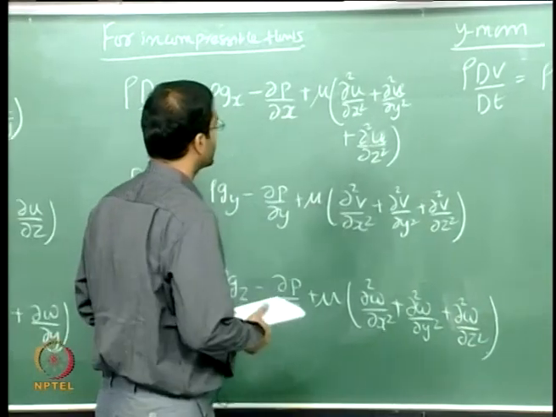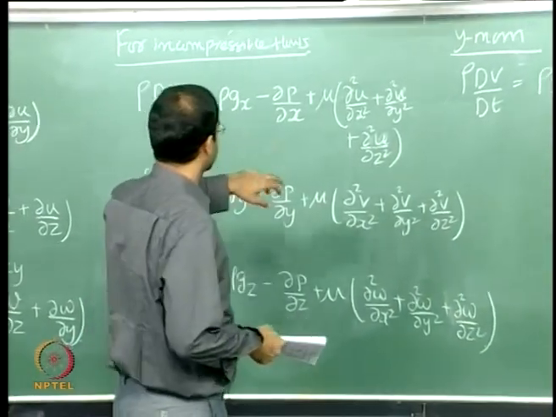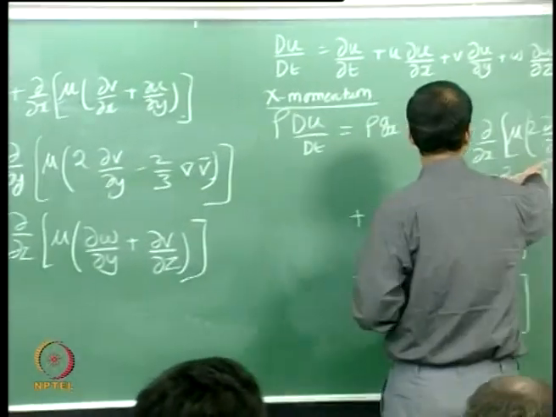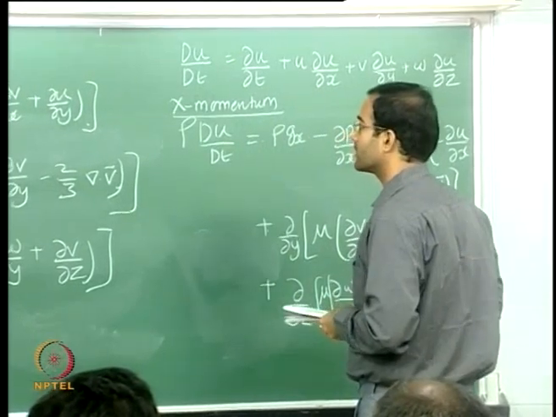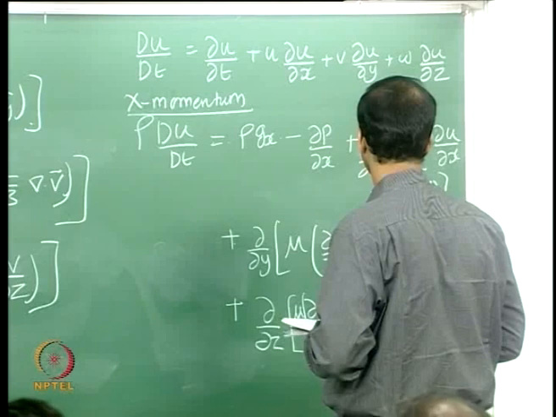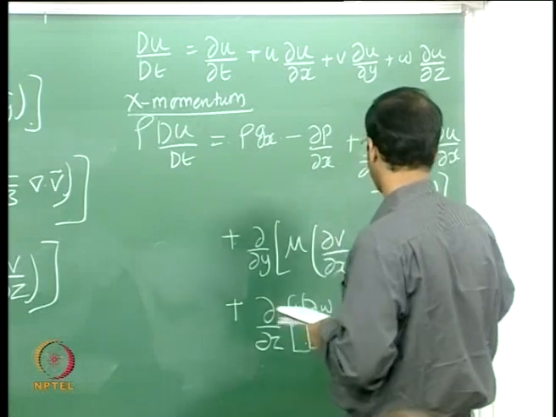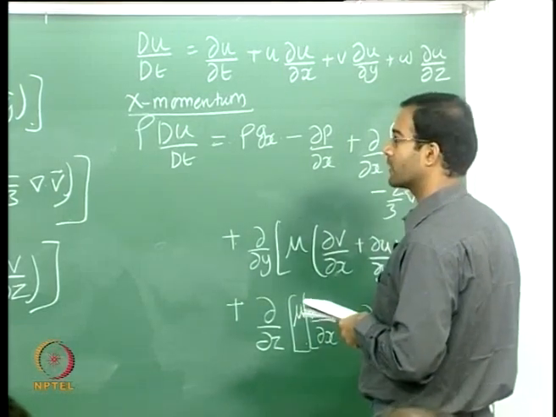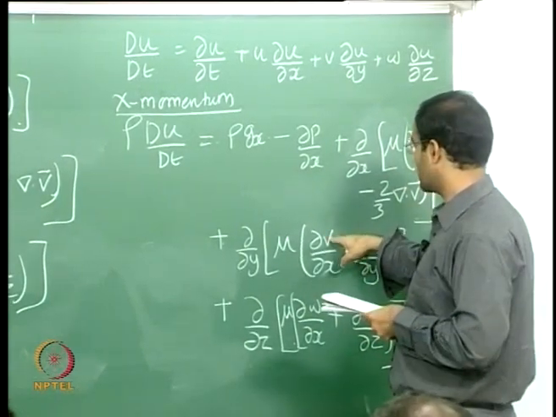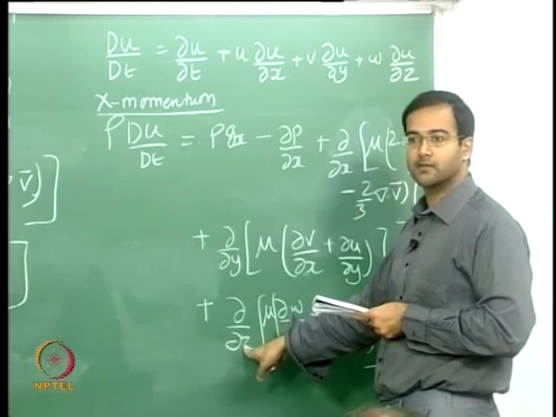Okay, so I think you can relate and verify the terms once again. So you should have this term knocked out, and then you have d square u by dx square, you have d square u by dy square, you have d square u by dz square. So you can take d by dx of du by dx, dv by dy, dw by dz, which will disappear.